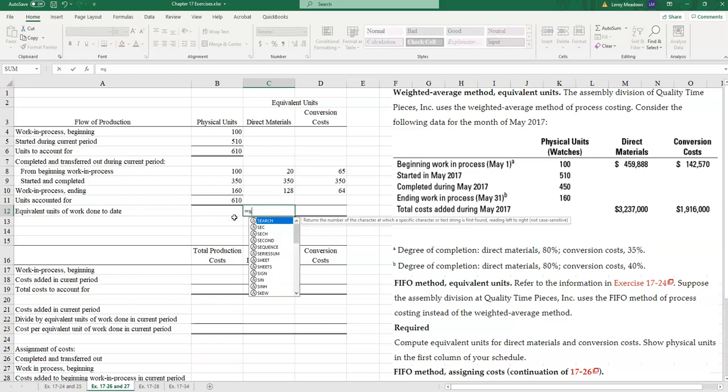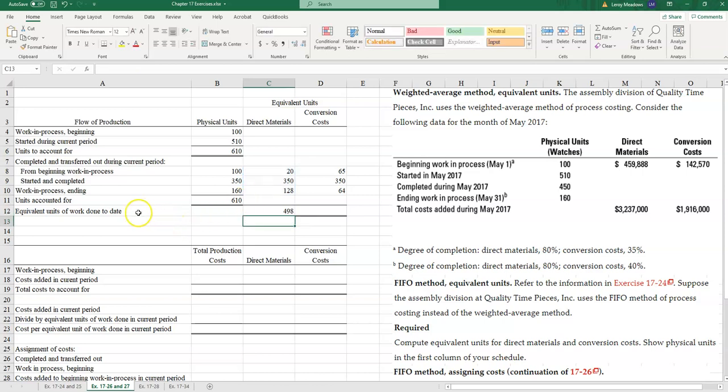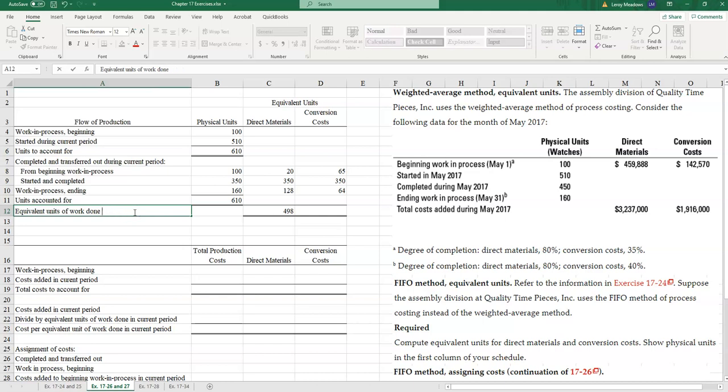And when we do that, we will get total equivalent units of work done to date of 498 units. And actually, that should be equivalent units of work done in the current period. So let's rework that there. There we go.